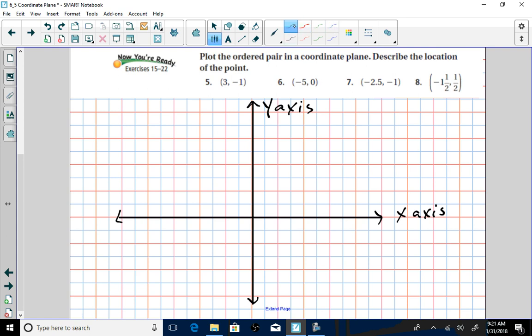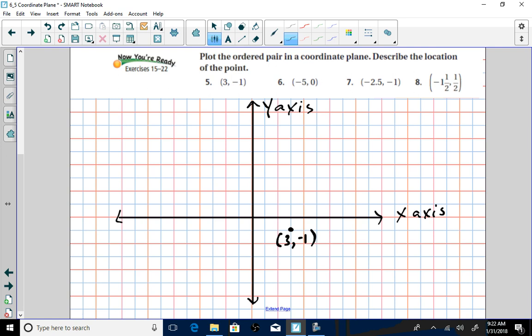Okay? So let's start with example 5. Where's 3 comma -1? Well, my x value is 3. So from the origin, I count 1, 2, 3. And then my y value is -1. So from 3, I go down 1, and I put a point here. That's 3 comma -1.